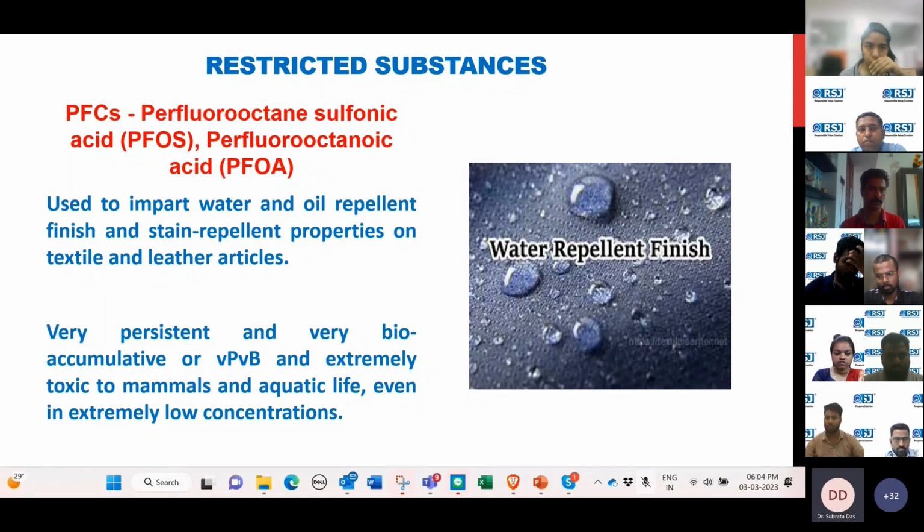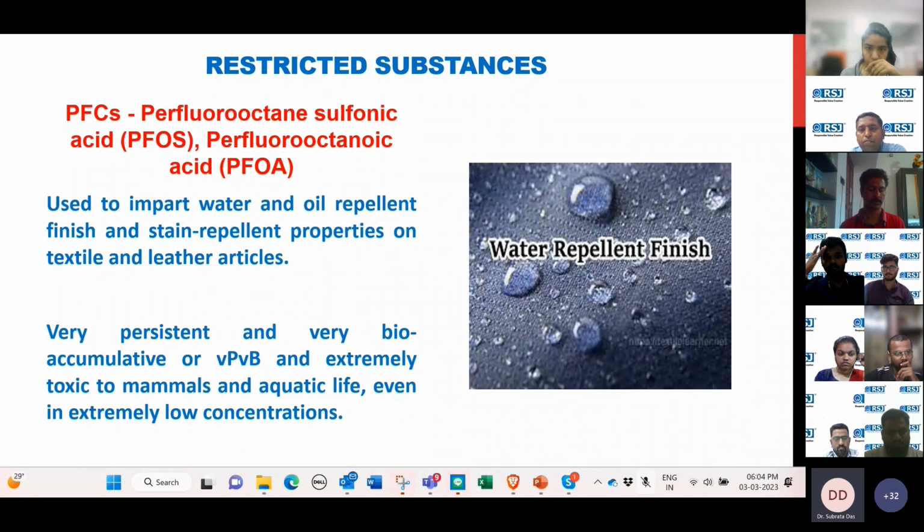It gives a very good finish, but the harmful nature is that it is very persistent, very bioaccumulative, or PBT, and extremely toxic to mammals and aquatic life, even at a very low concentration.